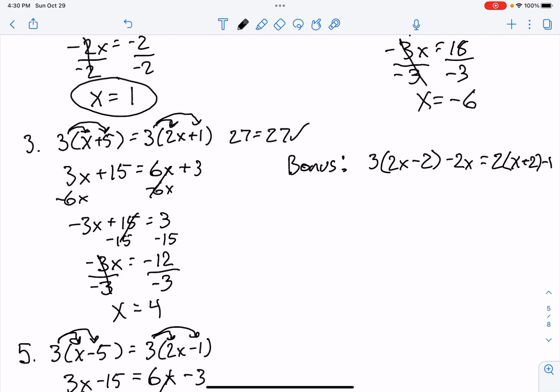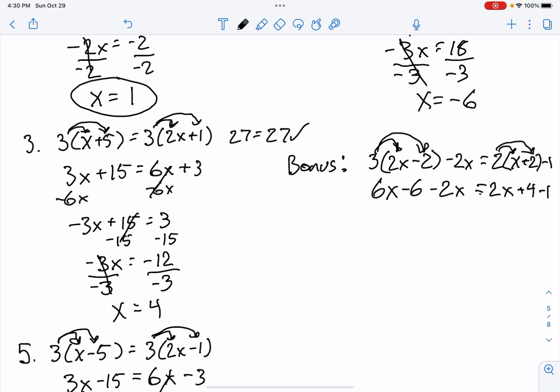So once again, 6x minus 6 minus 2x equals 2x plus 4 minus 1. So those came from my distributions here. Now we can combine our like terms. So my 6x and my minus 2x, and then my 4 and my minus 1.